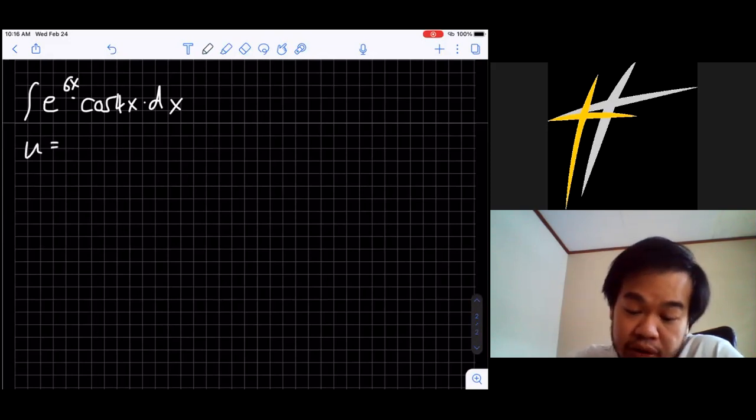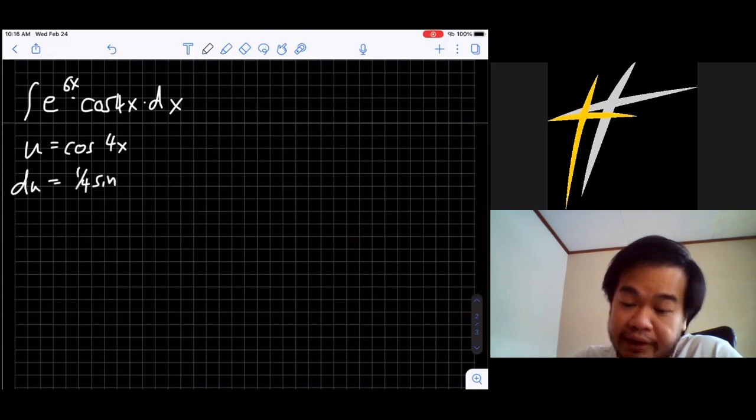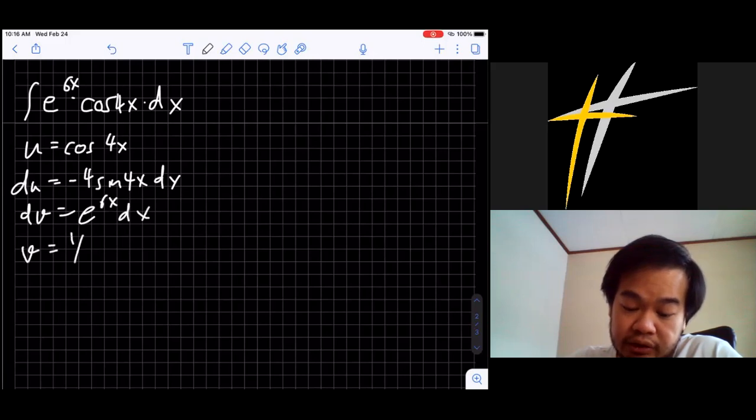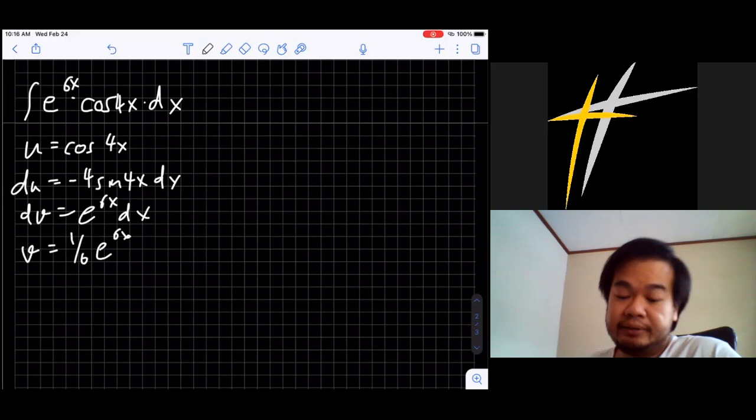So if the u is equal to cosine 4x, so the du will be equal to negative 4 sine 4x dx. And if the dv is equal to e power of 6x dx, then the v is equal to 1 over 6 e power of 6x.